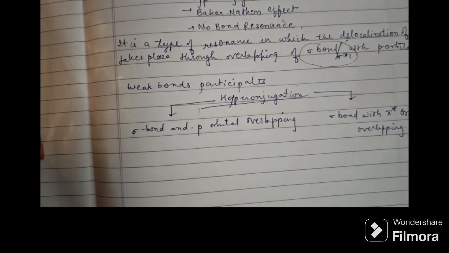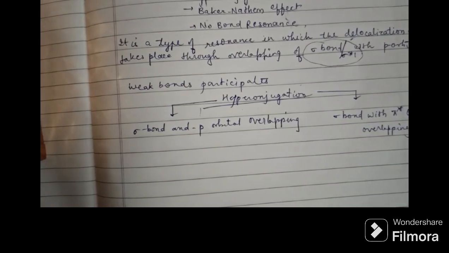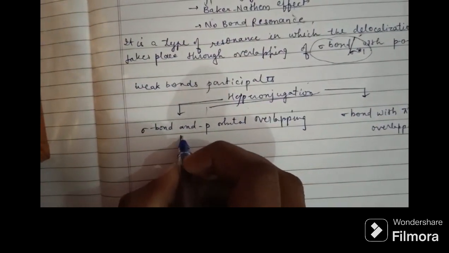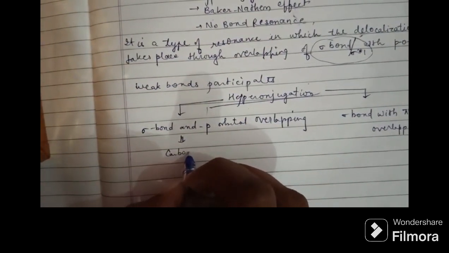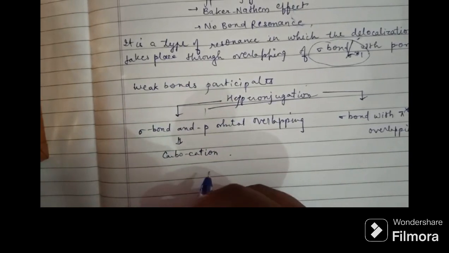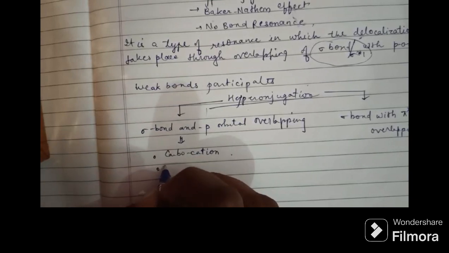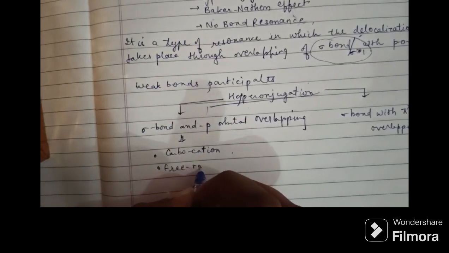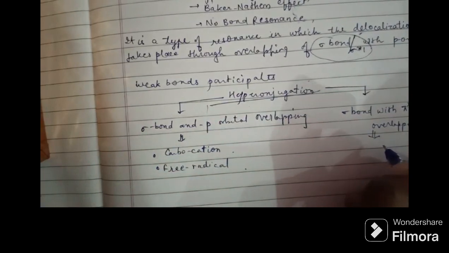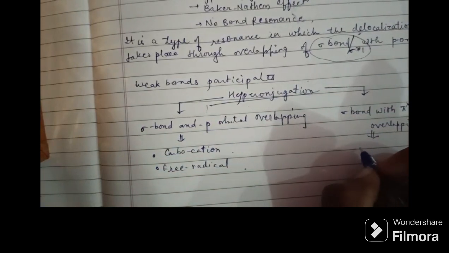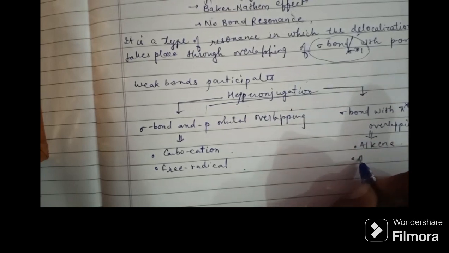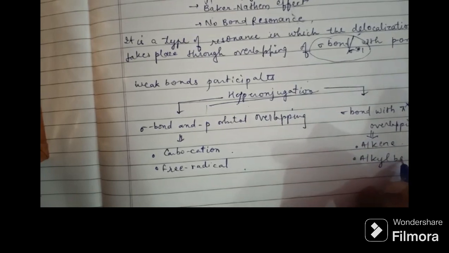The example of hyperconjugation with the sigma bond and p orbital is carbocation and free radical, in which there is a lack of one electron, whereas sigma bond with pi star orbital is alkene and alkyl benzene.